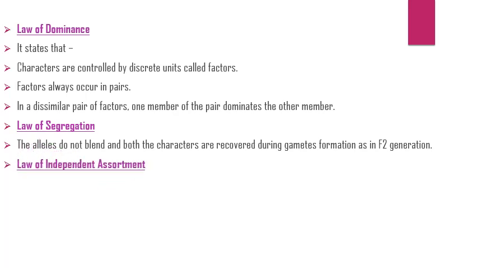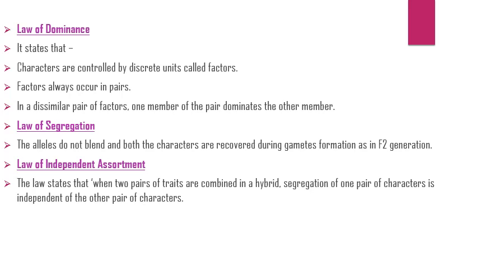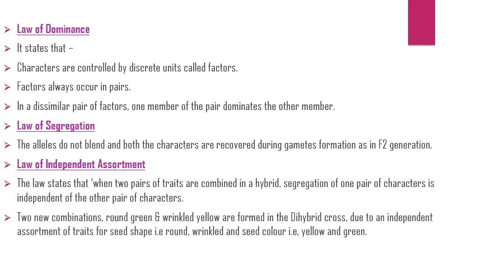Law of independent assortment. The law states that when two pairs of traits are combined in a hybrid, segregation of one pair of characters is independent of the other pair of characters. Two new combinations, round green and wrinkled yellow, are formed in the dihybrid cross due to an independent assortment of traits for seed shape, round and wrinkled, and seed color, yellow and green.